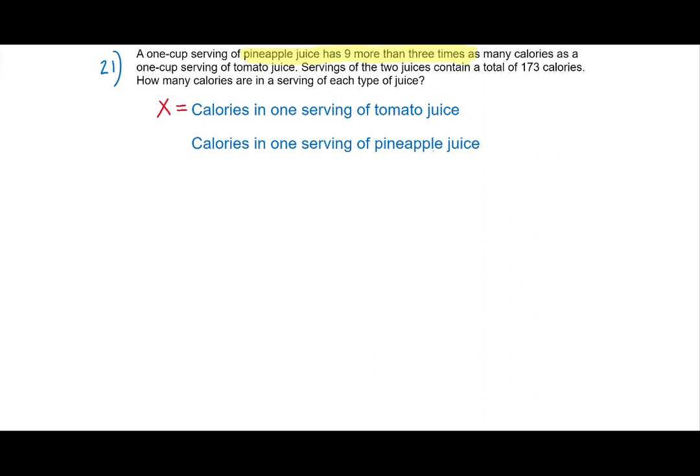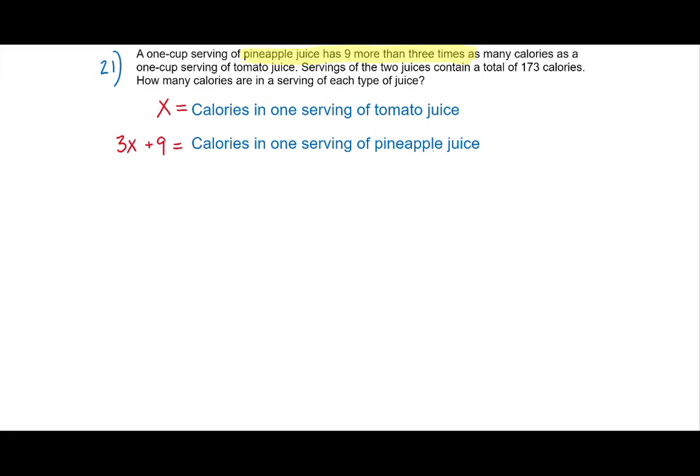And now we could use the same variable x for the pineapple juice, not x by itself, but what do we have to do to that x? Once we figure out what x is, we have to times it by 3, so there's 3 times as many, and then add 9 to that, 9 more than 3 times as many. So writing symbolically the number of calories in one serving of pineapple juice, we have to take the calories in tomato juice, which is x, times it by 3, which is what I have highlighted in yellow, and then add 9.